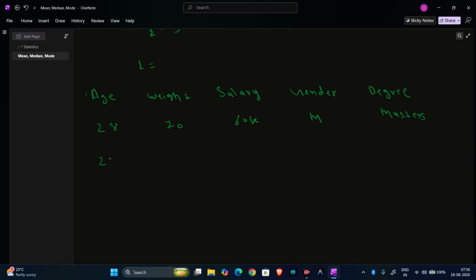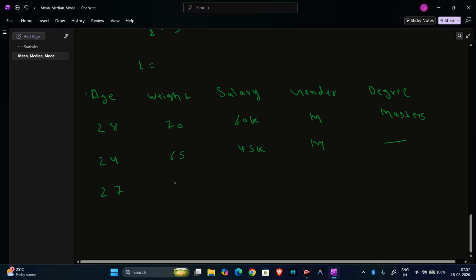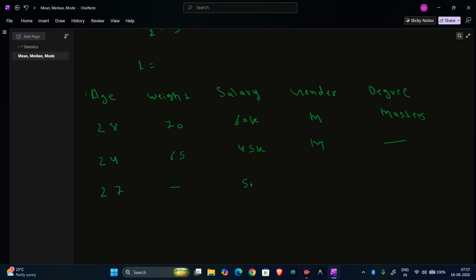Next we have age 24, weight around 65, 40K salary, male, and here we don't have any data. Next we have age 27, weight we don't have, salary 50K, female, and here BE.